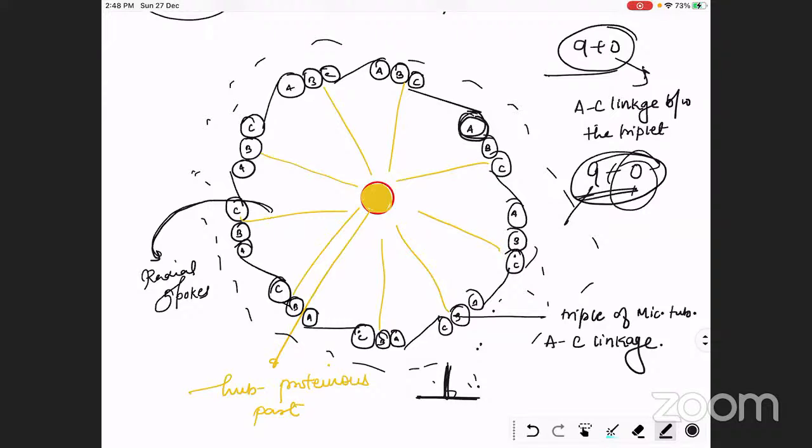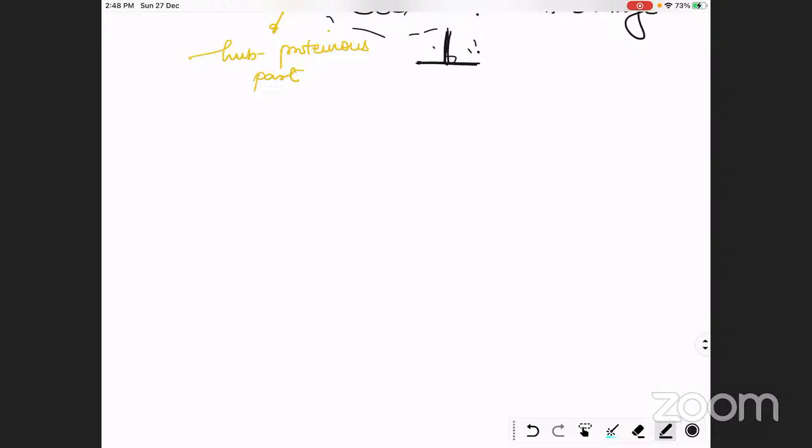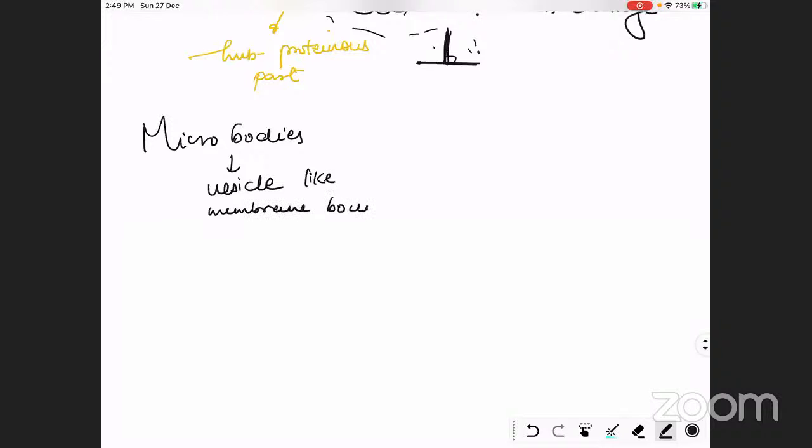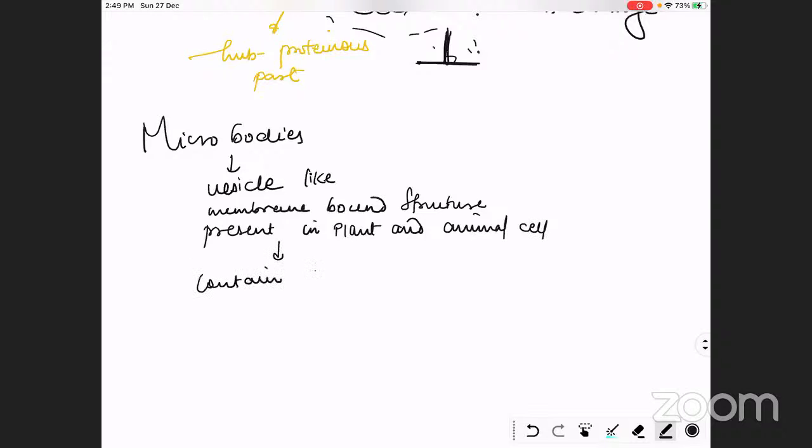One more thing, microbodies. Microbodies are membrane-bound vesicle-like structures which basically contain different types of enzymes, and are present in animal cells and plant cells.